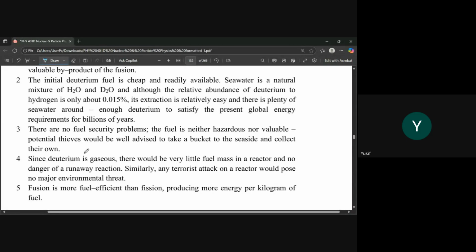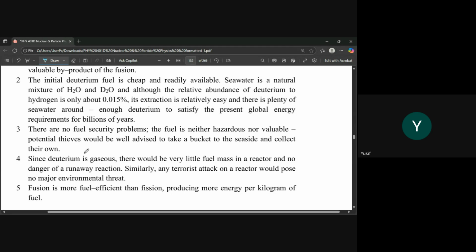Yes. So when you are talking about the fuel, for example, if you are talking about fission, you talk about the fuel, which is uranium 235, which is the one we are commonly talking about. It's very expensive, so when you talk about that, you have to have very high security.